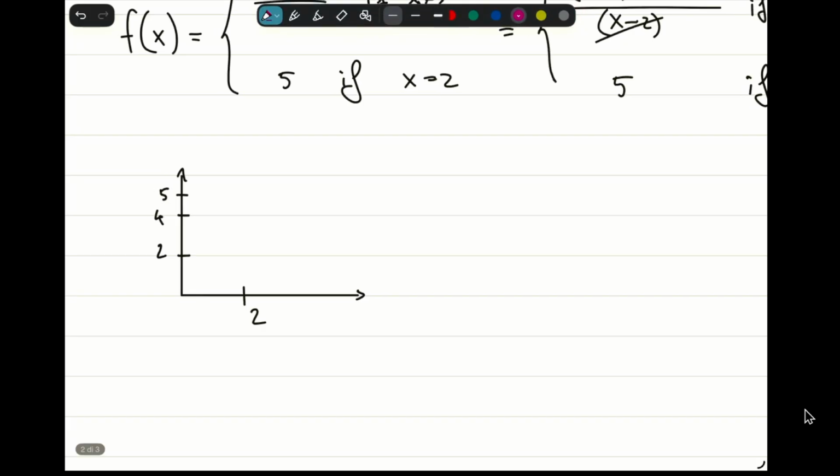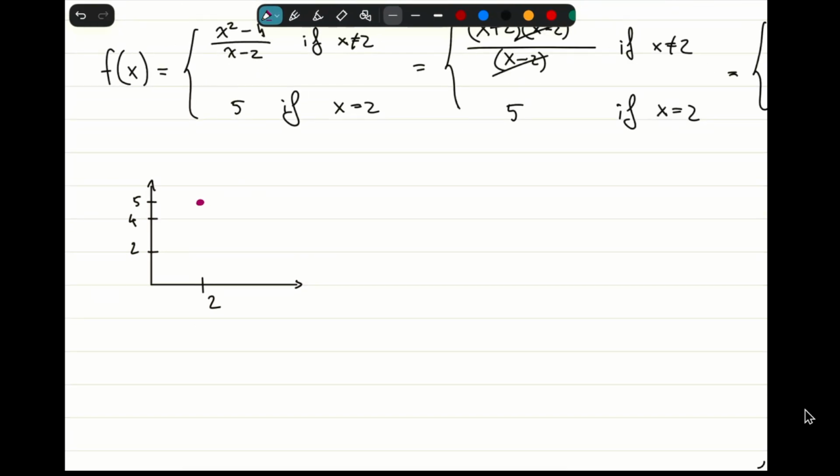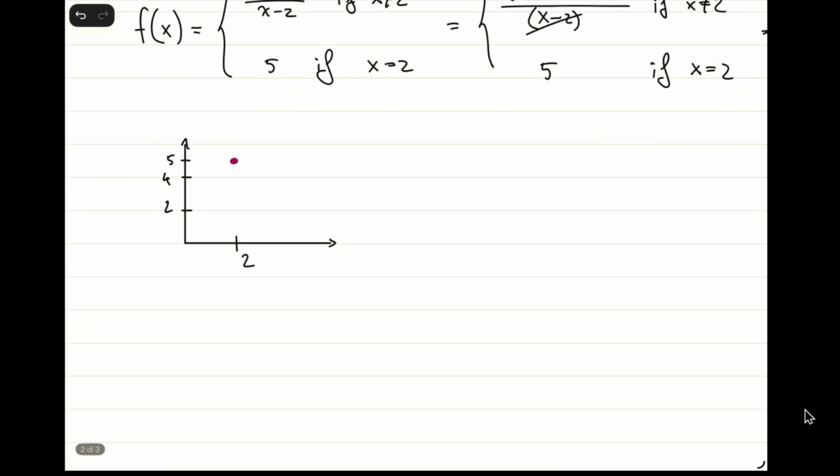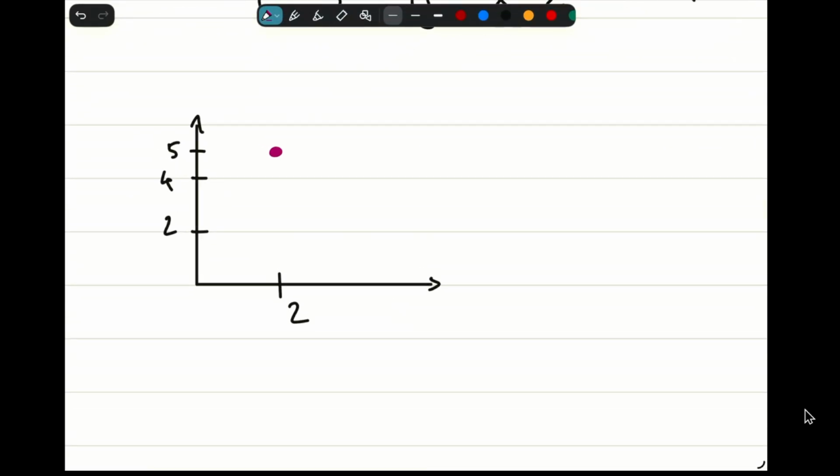Okay, so down here. So we said, let's define this first. So we see that the function is equal to 5, so the height is 5 if x equals 2. So we do our full dot, and then down here we're going to do a white dot. Why?